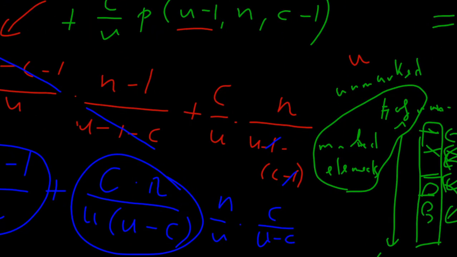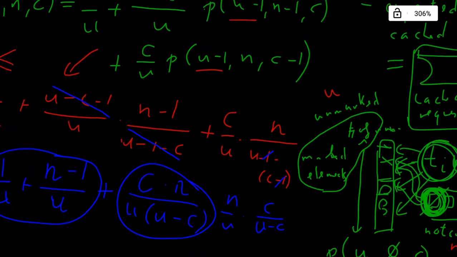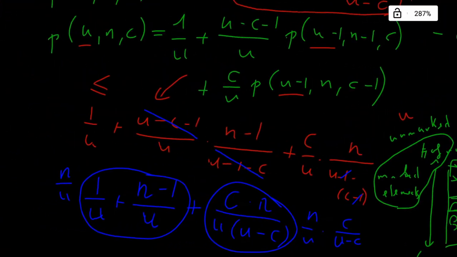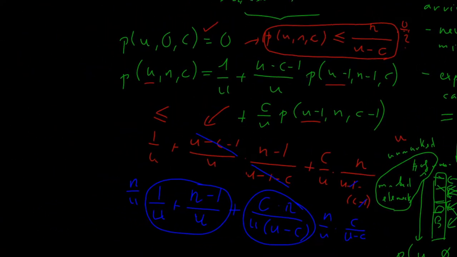Which means that this whole sum is just N over U times (1 plus C over (U minus C)).